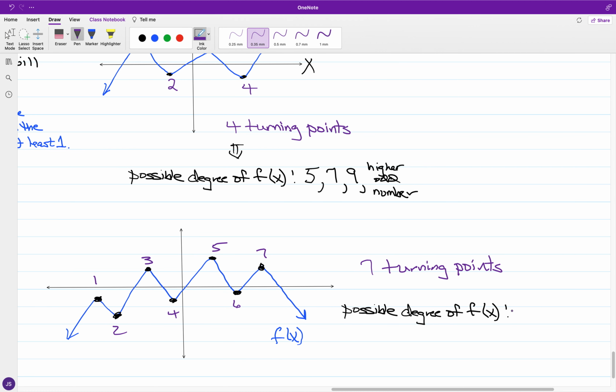So the minimum possible degree of f of x is going to be 8. And if it's not 8, it could be 10. And if it's not 10, it could be 12. And if it were anything else, it'd be some higher even number.